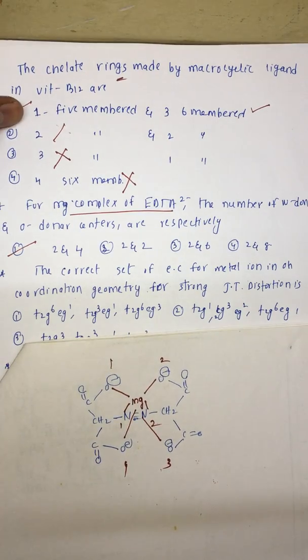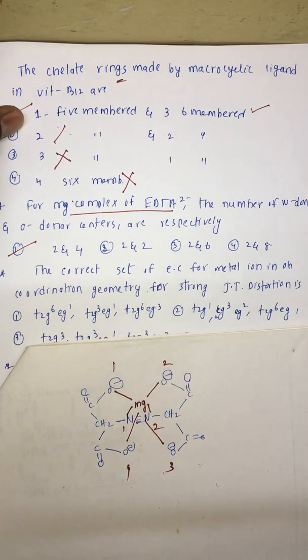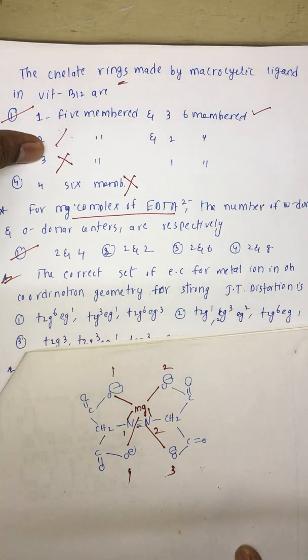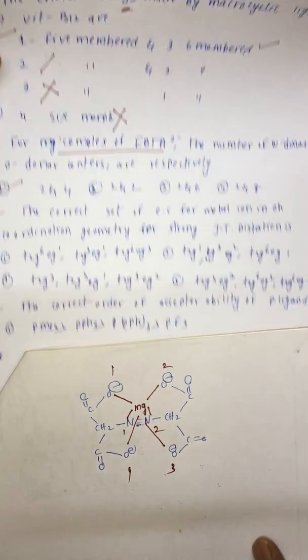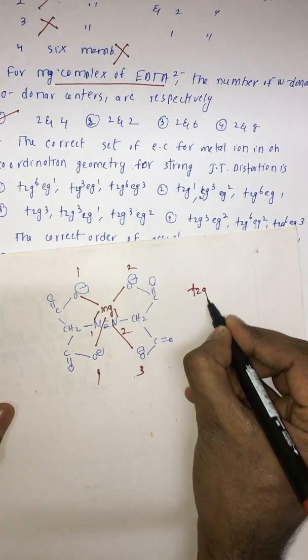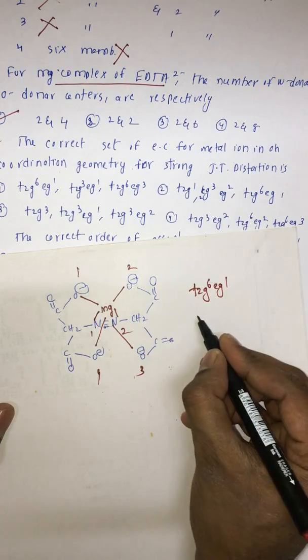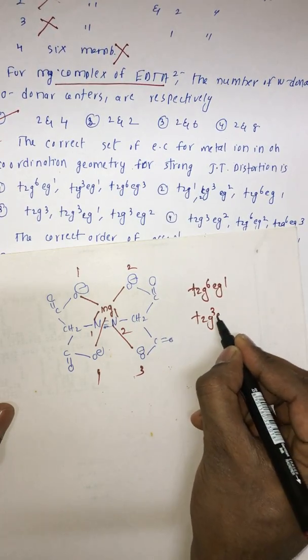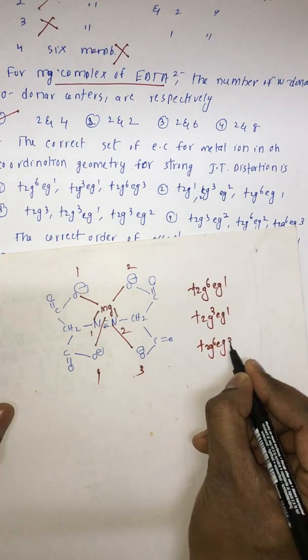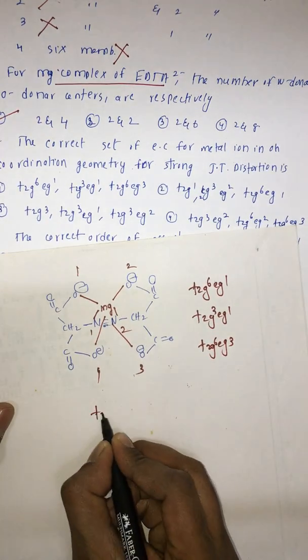The next question: the correct set of electron configuration for a metal in octahedral coordination geometry showing strong Jahn-Teller distortion. So here we have t2g6 eg1, t2g3 eg1, t2g6 eg3. Just remember, there are 4 conditions.